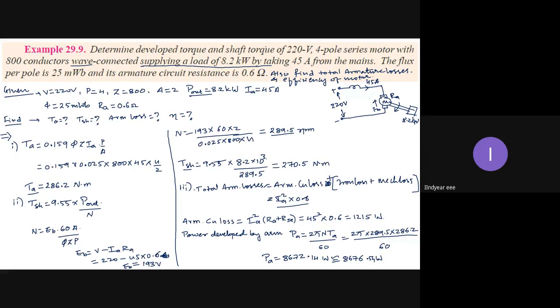Next, the power output of the motor. What is the power output of the motor? It is 8.2 kilowatts. We have that. So P out is 8.2 kilowatts.